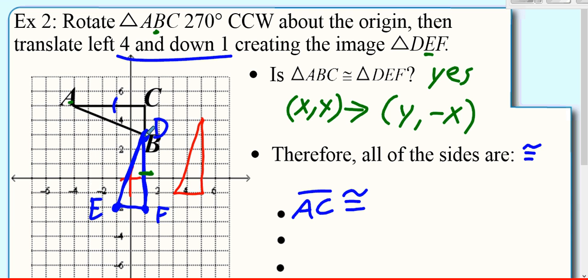So A and D match up. So if we start with A, we got to start with D. And then C matches with F. You have to name them the letters in corresponding order. You could have said CA and FD. If you flipped them both, that's okay too.